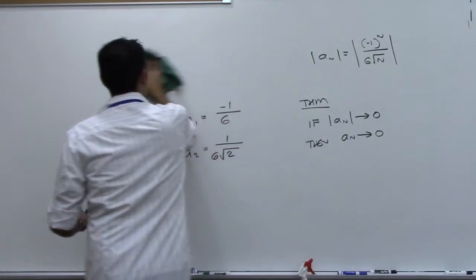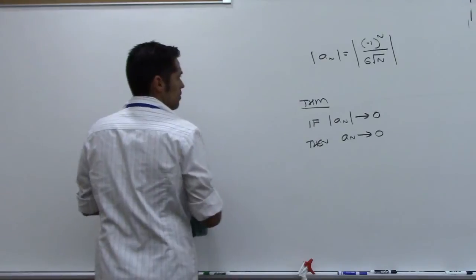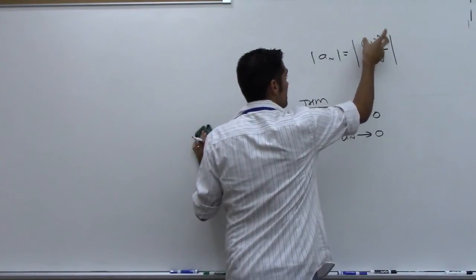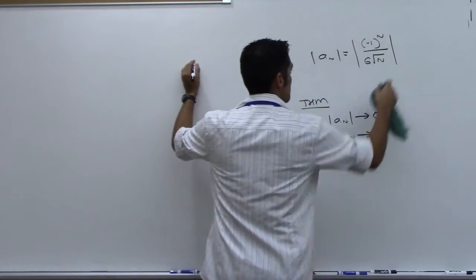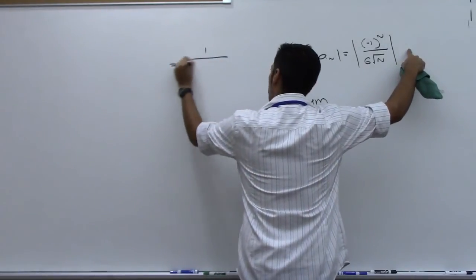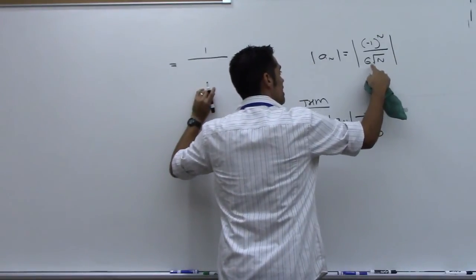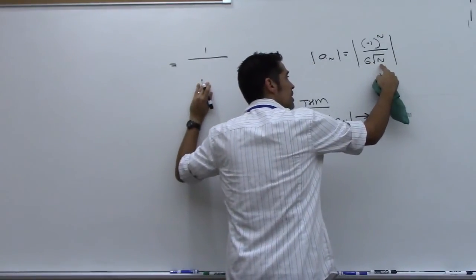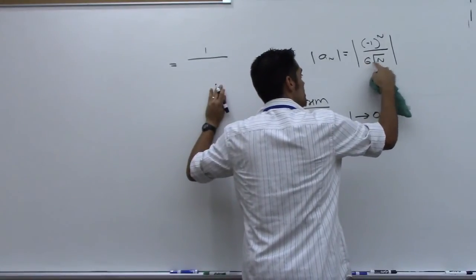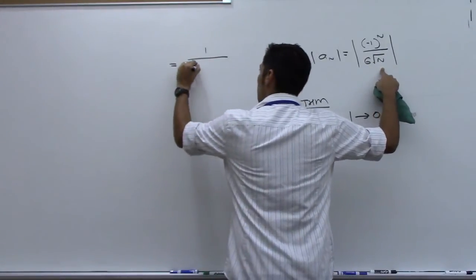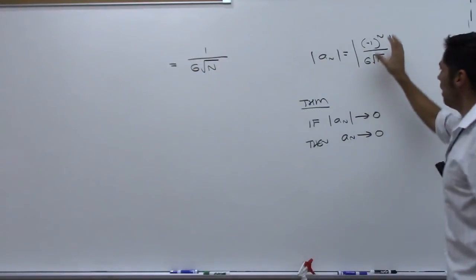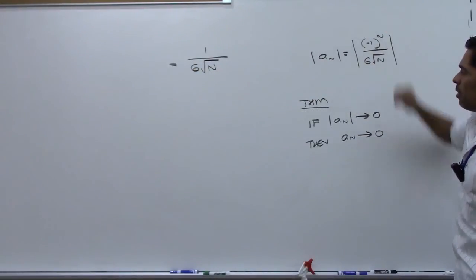It could be negative 1 to any power. No matter what power I use here, I'm going to get either a 1 or a negative 1 up here. And when I take the absolute value of it, it's always going to be equal to 1. So this is equal to 1 over the absolute value of this. Now again, if n is positive, which we're assuming it is, then the square root of a positive number is positive. 6 times a positive number is still positive. So I really don't even need the absolute value anymore. The absolute value kills off the alternating part.